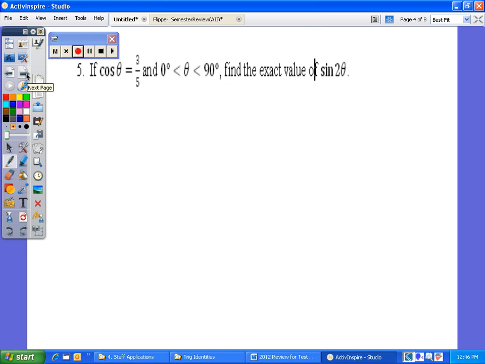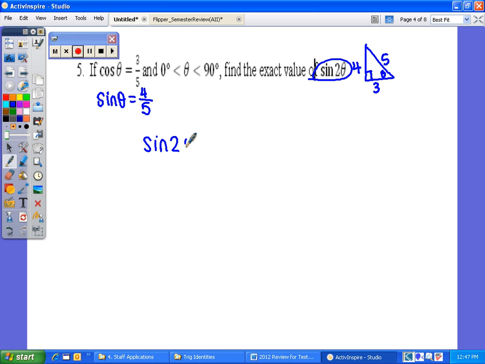All right, the next one says if cosine of theta equals 3 over 5 and theta is between 0 and 90 degrees, find the exact value of sine of 2 theta. Looking at my triples, cosine would be 3, adjacent over hypotenuse, so I do need the value for sine. Sine is 4 over 5. The expansion for my double angle, if I look at the top of the paper, is 2 sine theta cosine theta.